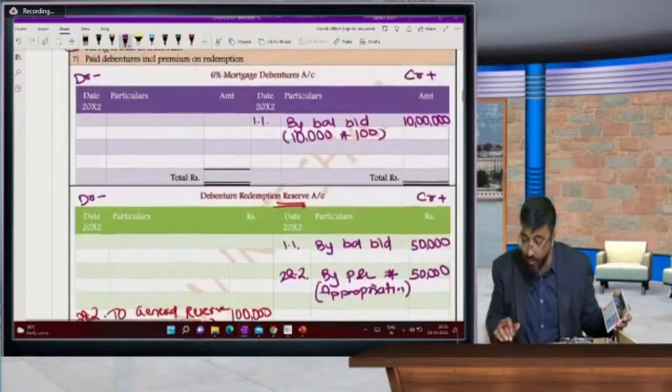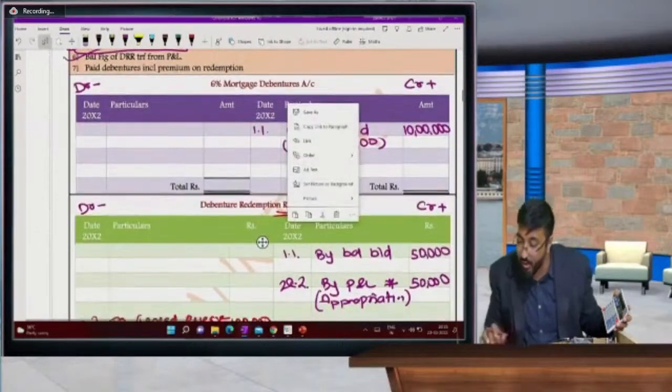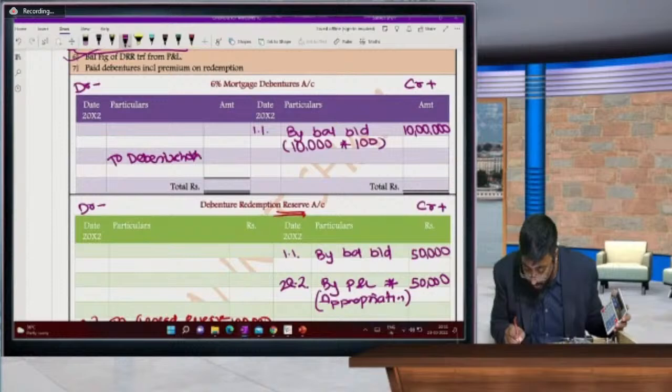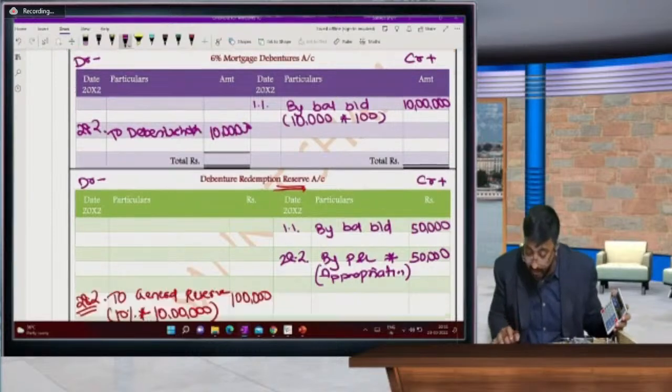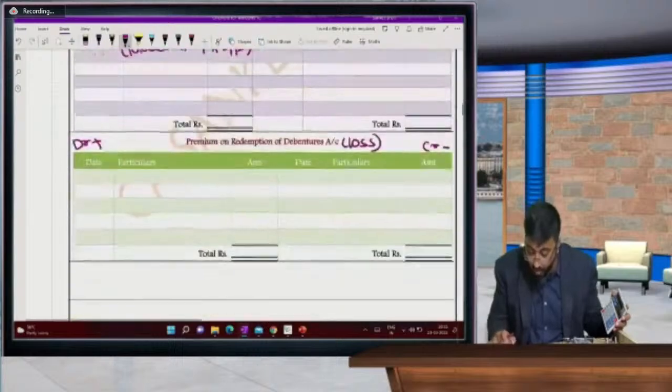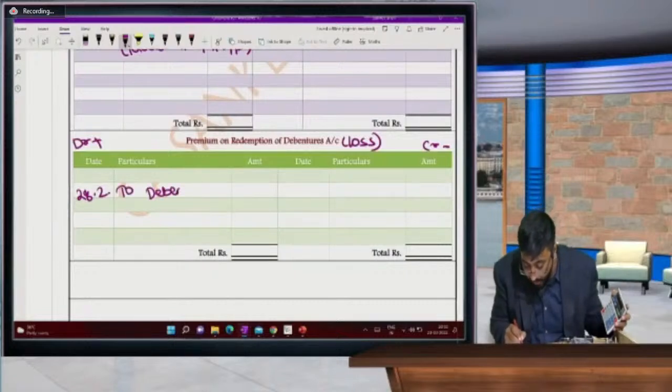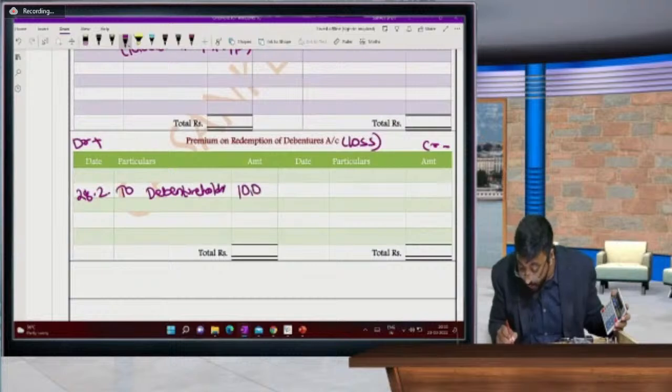And now you will pay to your debenture holders. Last one. Now you will pay debenture holders 10 lakhs and extra 10,000 premium on redemption to debenture holders. Extra 10,000.